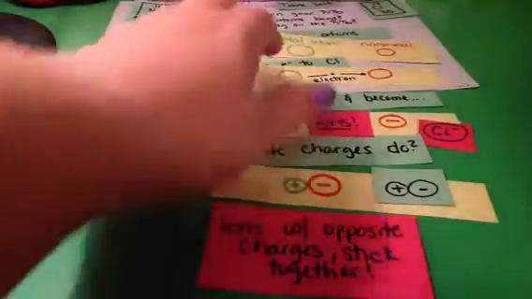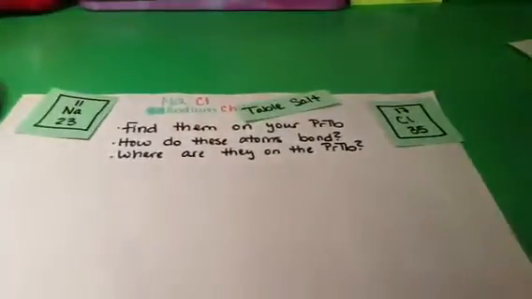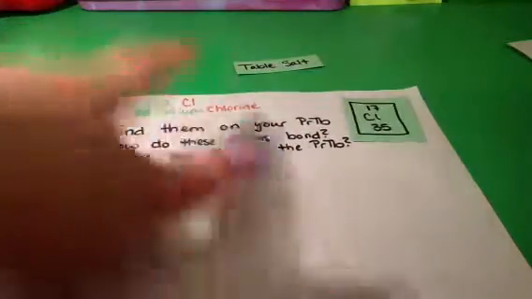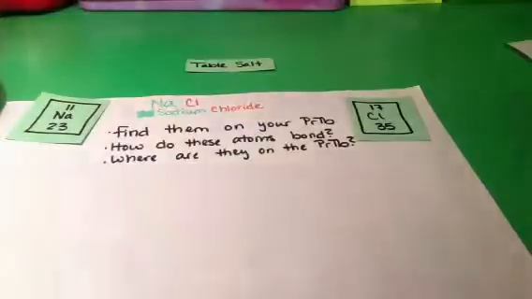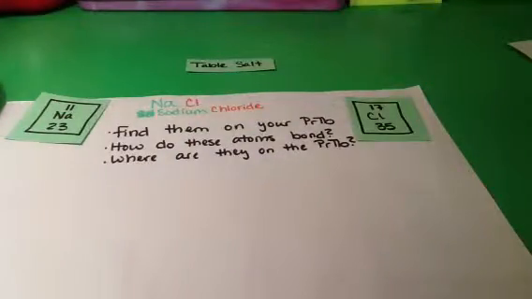Now you may have asked, how come, Miss Carter, Smarty Pants Carter that you are, up here I said chlorine, but in the name it says chloride? Well, that has to do with the fact that here it is a neutral charge chlorine atom.